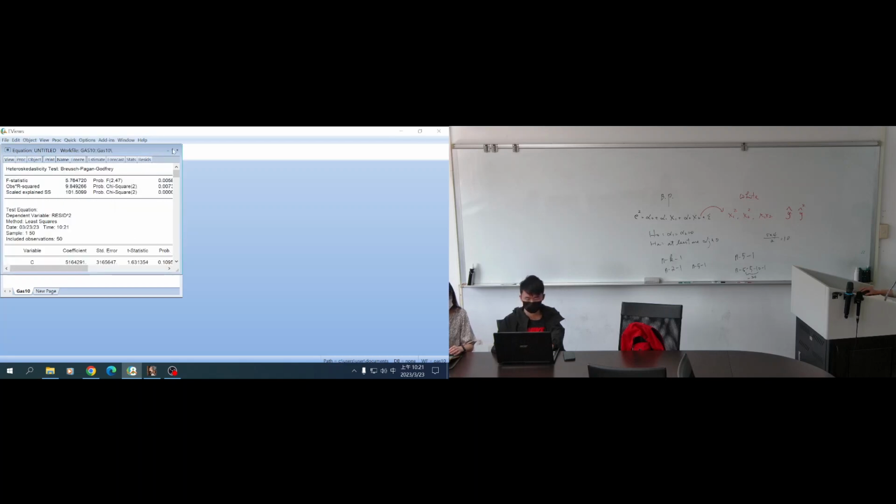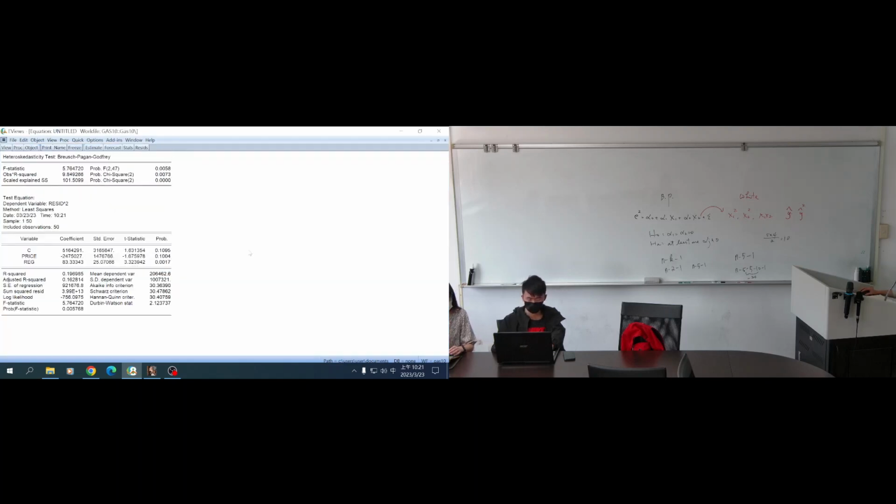So what did you see? Look at this one. Do you see that the dependent variable is the squared residual terms? And the variables are the original two. But that is not what we are looking at.